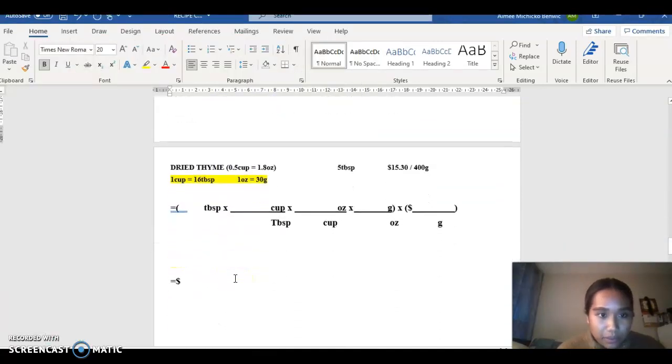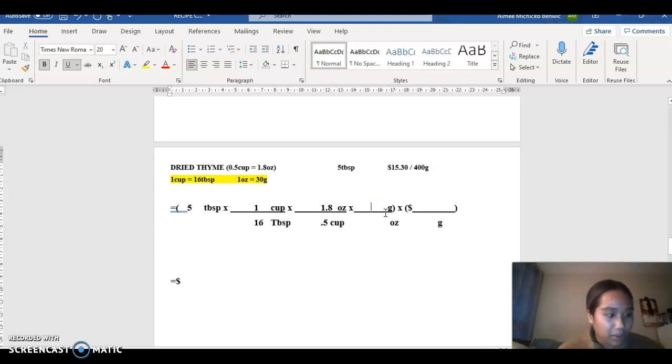So here for the dry thyme, we have 5 tablespoons. So in 1 cup there's 16 tablespoons, and we have to go to grams, so we have to convert further. So there we're using the weight equivalency of 1.8 ounces per half cup or 0.5 cup, and then ounces and grams don't match, so we have to convert further.